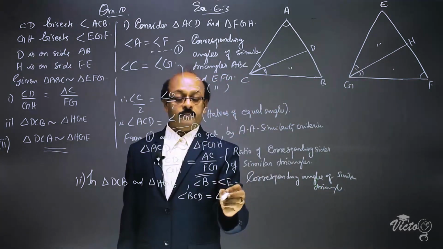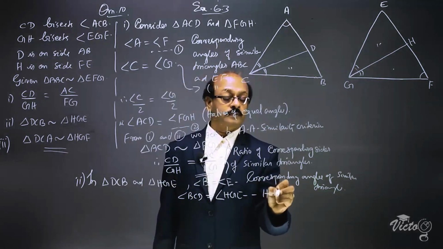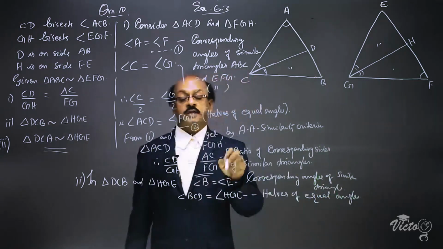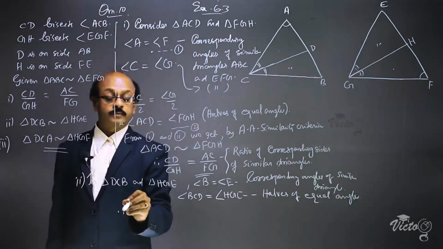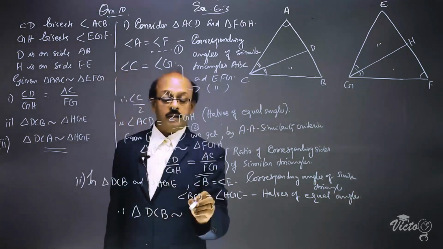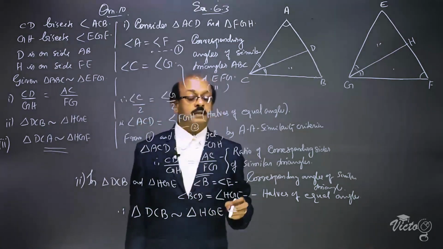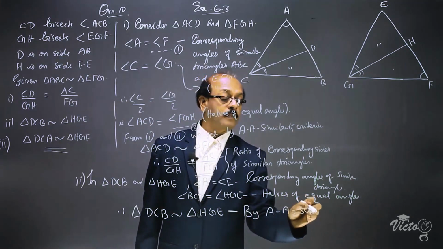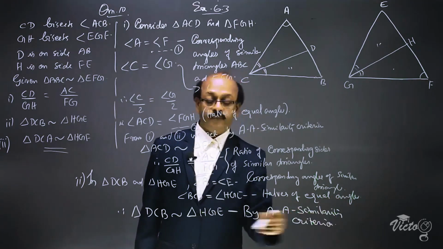Reason, halves of equal angles. These two equalities are sufficient for proving the second part. Therefore, triangle DCB is similar to triangle HGE. Reason, by AA similarity criterion. Then second part is over.